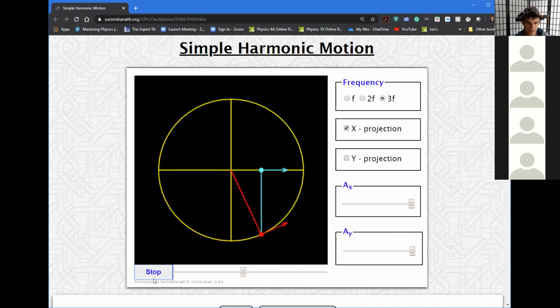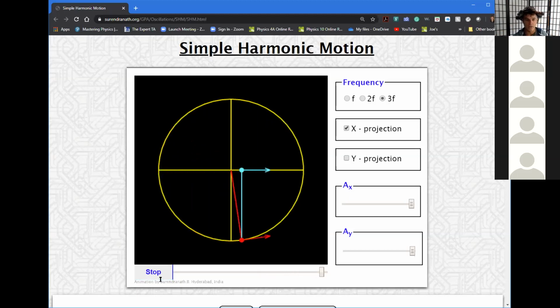So in the first quadrant, we had x is greater than 0, but the thing is moving to the left, so the velocity is negative. In the second quadrant, x is less than 0, the object's still moving to the left, so the velocity is negative.